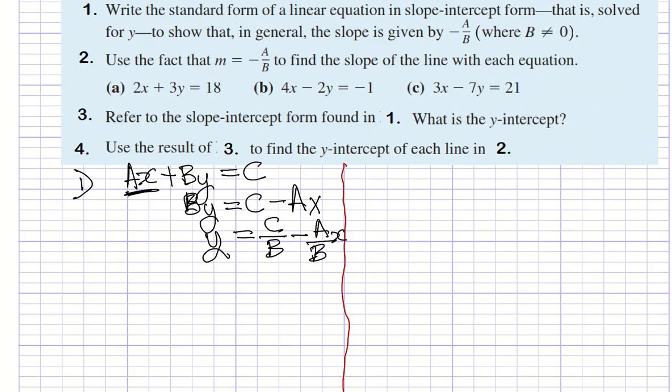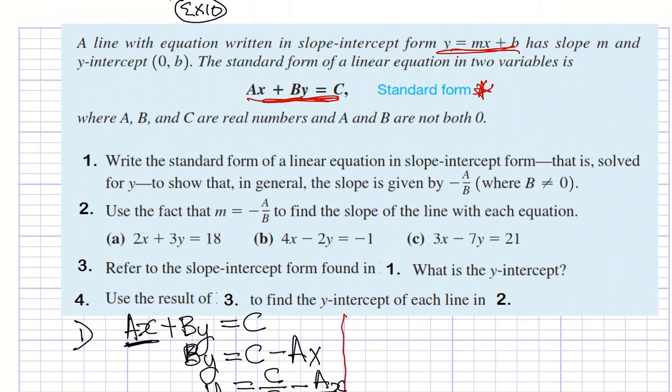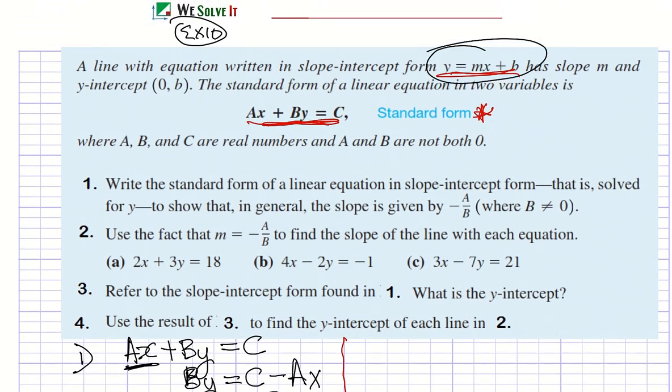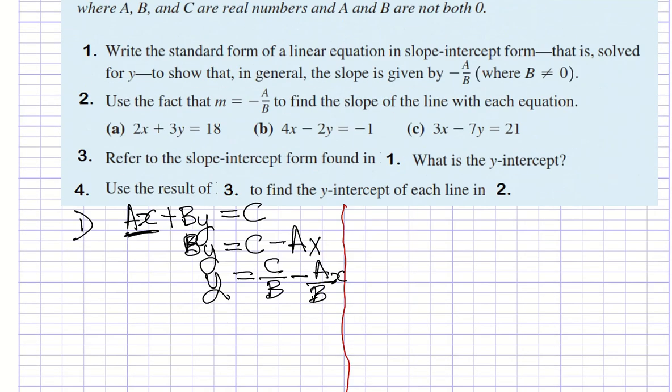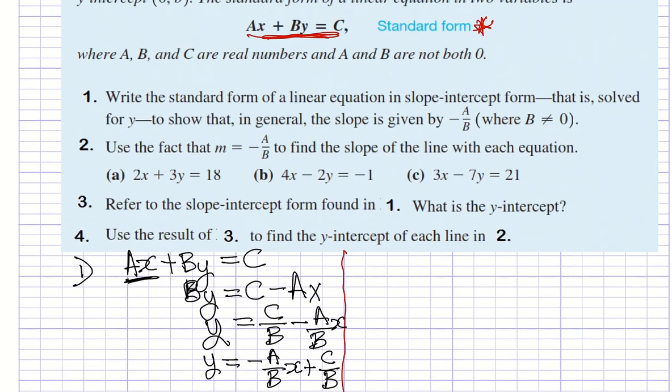So we can rearrange it to look like the slope-intercept form. We'll have y equals minus a over b x plus c over b. We didn't do anything, we just rearranged stuff to put it in that form.